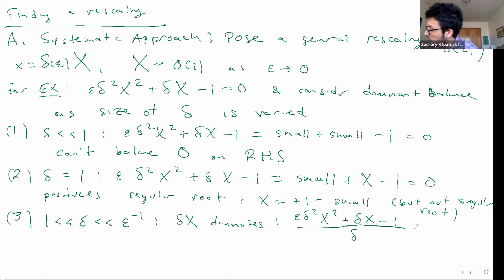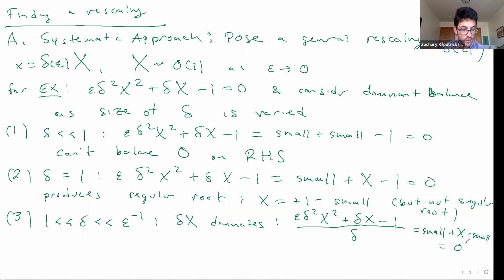And this is going to equal what? Well, delta is smaller than epsilon to the minus 1, so epsilon times delta squared divided by delta is still going to be small. This middle term is just going to be x, and then we get minus 1 over delta, which is much bigger than 1. So that term is going to be small.